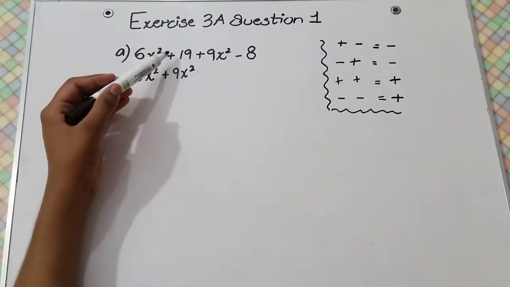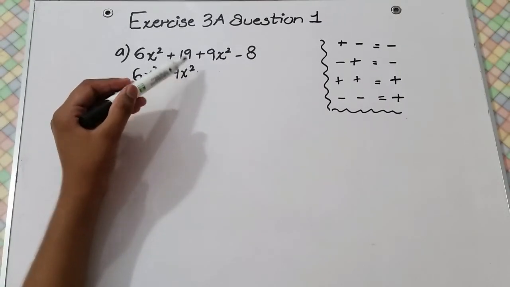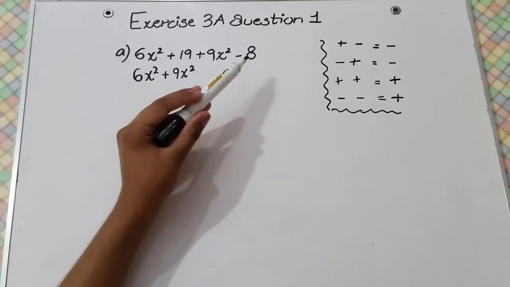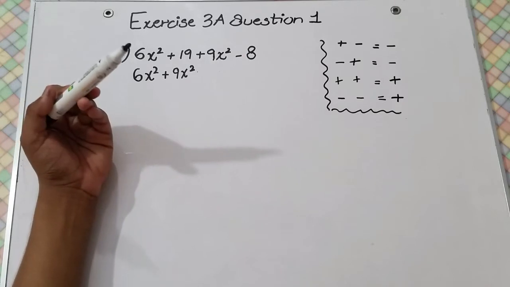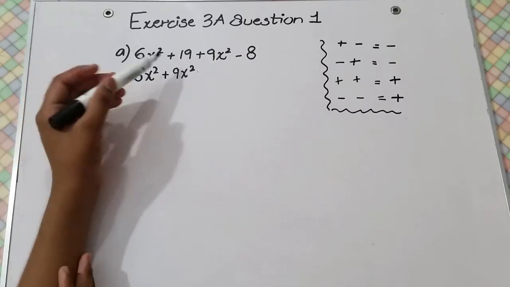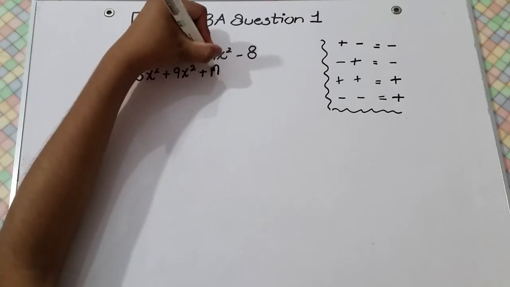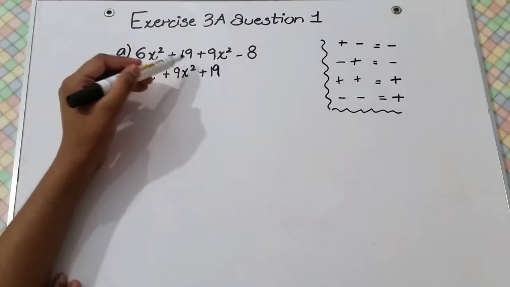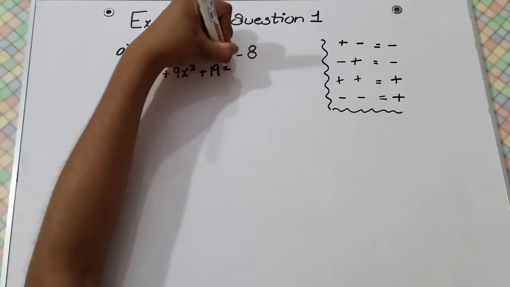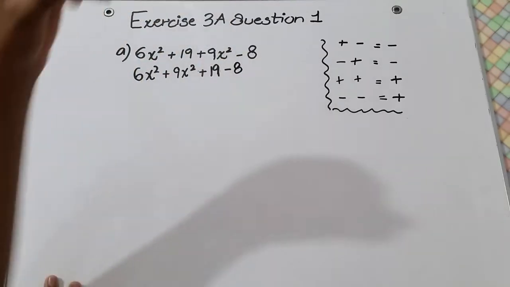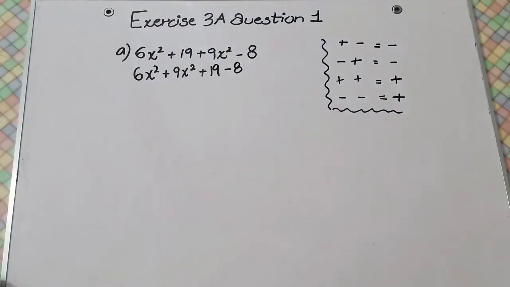Now we are having plus 19 and minus 8, and these are the like terms. So we are just going to write plus 19 from the expression, and the leftover is minus 8. Now like and unlike terms are all together, so we are just going to add or subtract this expression.